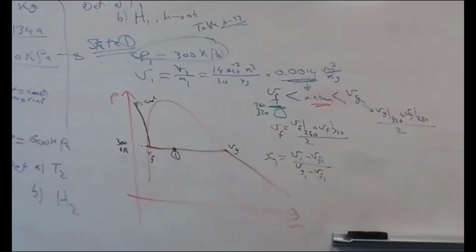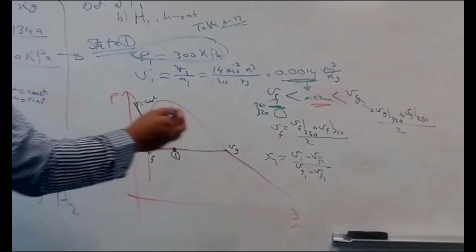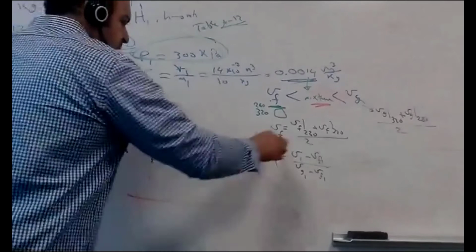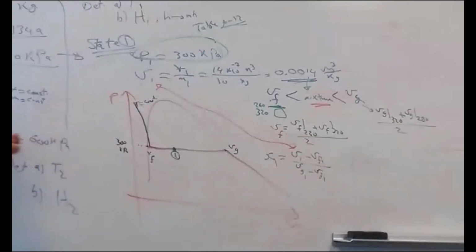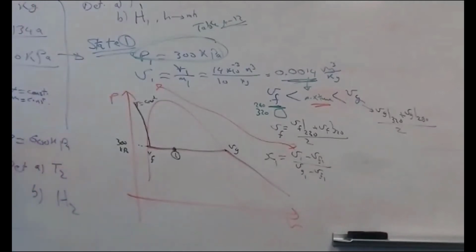You have everything. You have V1, you have Vf1, you have Vg1, you can get x1. This one is from the table, from averaging or interpolation, as you wish. It's up to you always. So interpolation is always faster, that's correct. Sometimes average, sometimes like this simple case. Make sense?